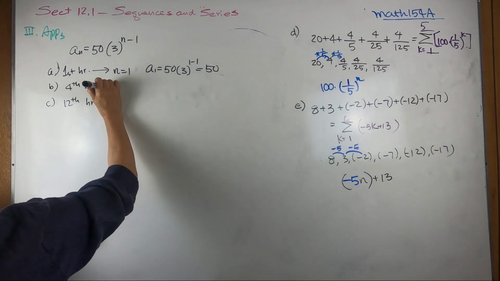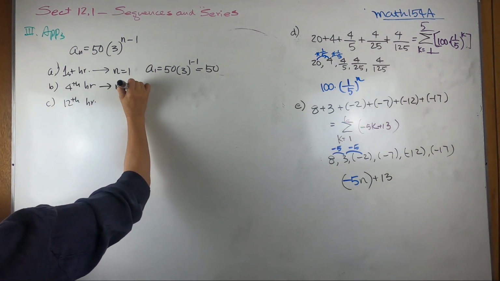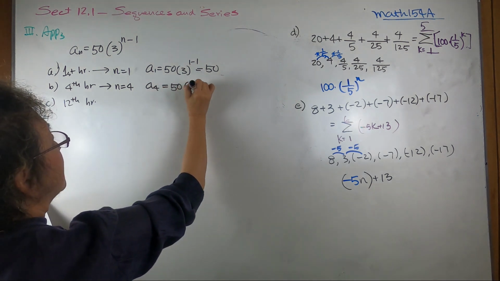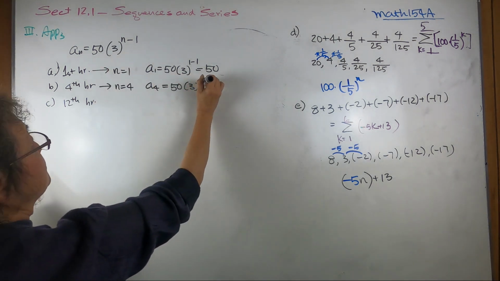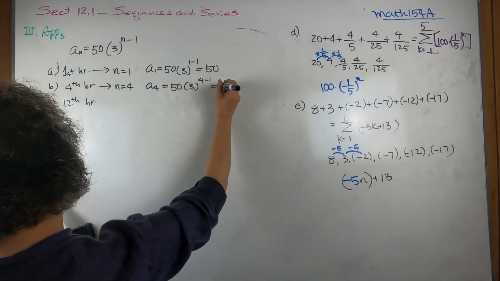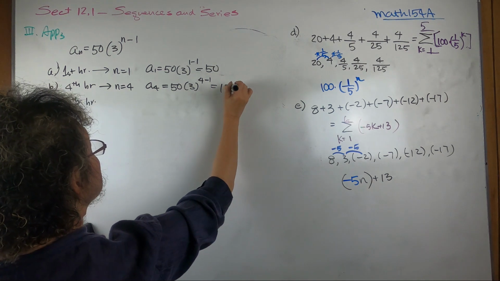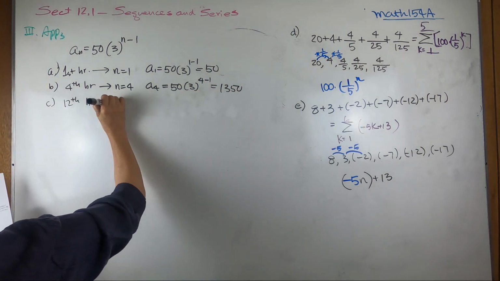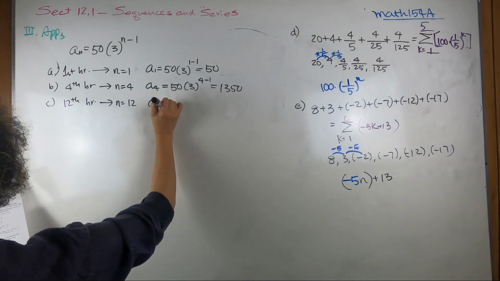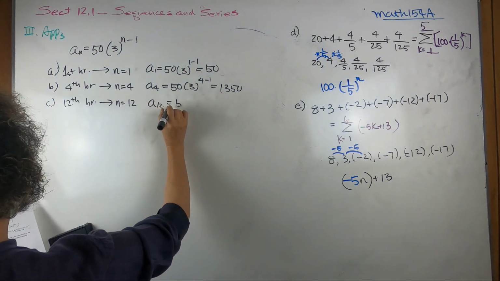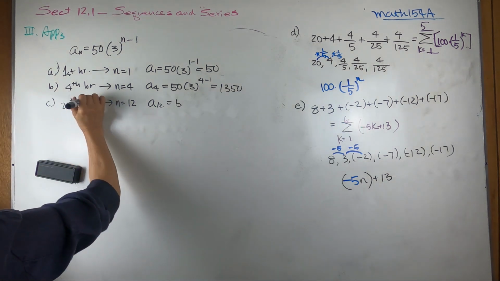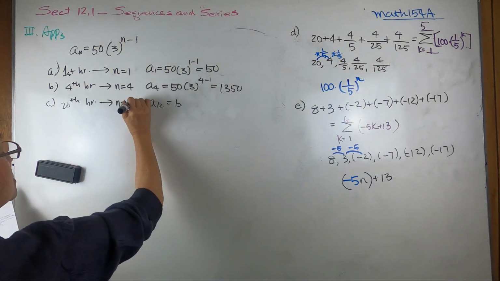Then the 4th hour, n is 4, then we'll find A4, that would be 50 times 3 to the 4 minus 1, 3 cubed, 27 times 50. So that's how many bacteria we have. The 20th hour, not the 12th, so n is 20.